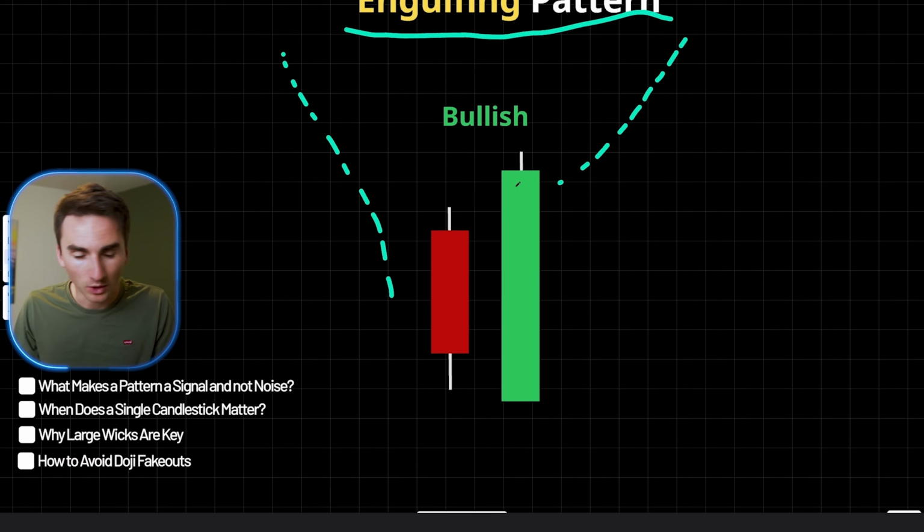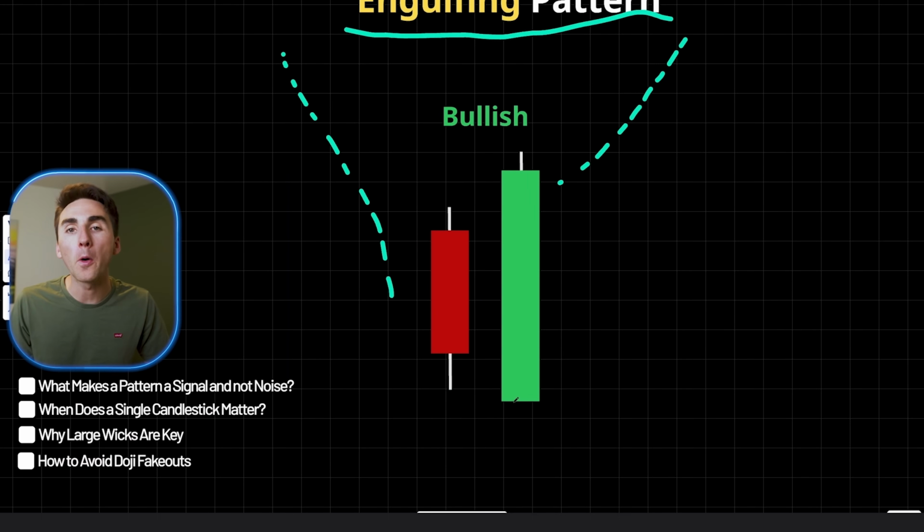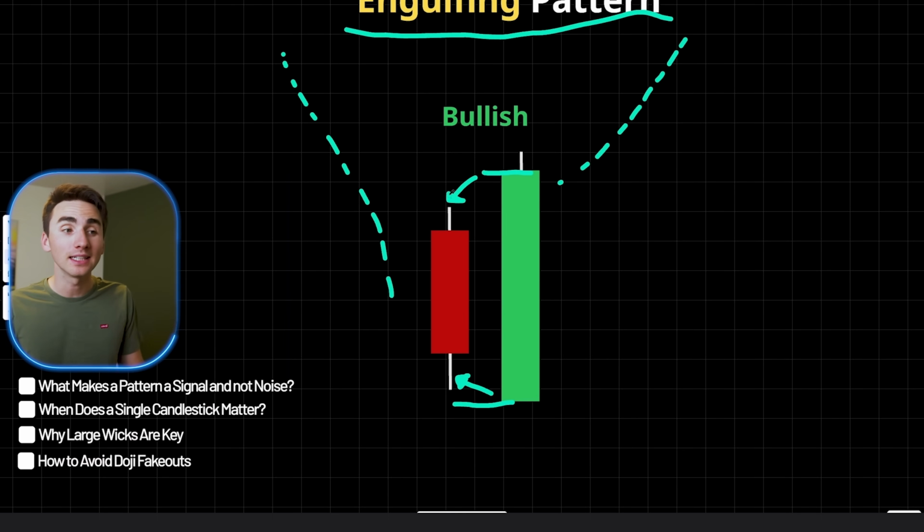The idea of how this works is you have a bearish candlestick that is engulfed by a bullish candlestick right after it, where the open of this candlestick is lower than the low of the previous candlestick and the close of it is higher than the high of the bearish candlestick. The whole idea is it is a massive reversal happening where it completely blows out the previous candlestick.